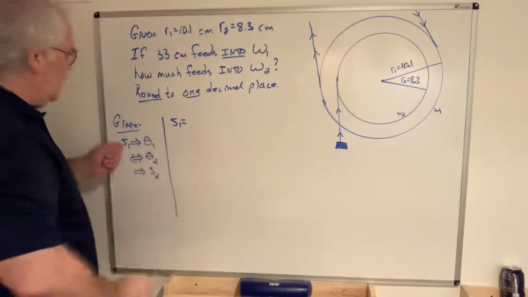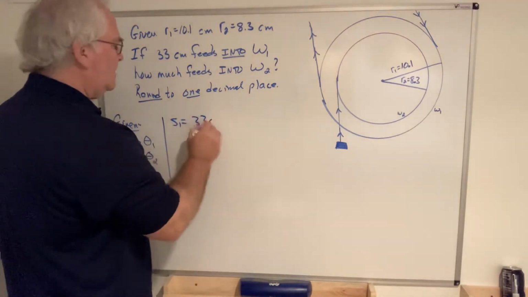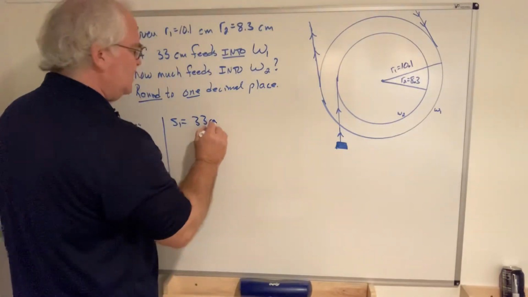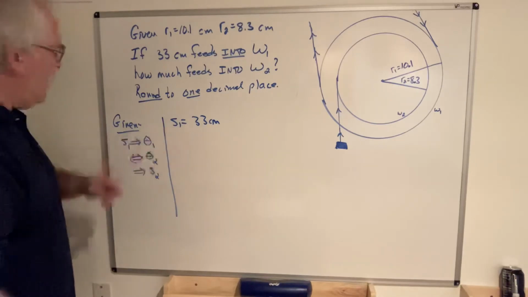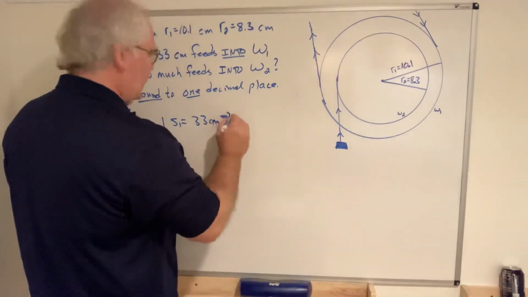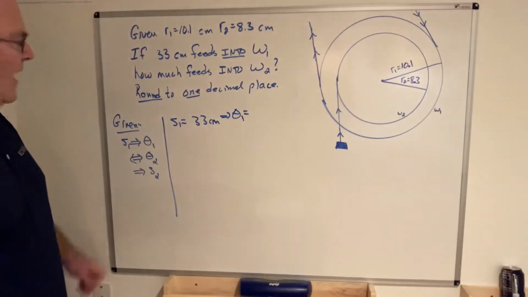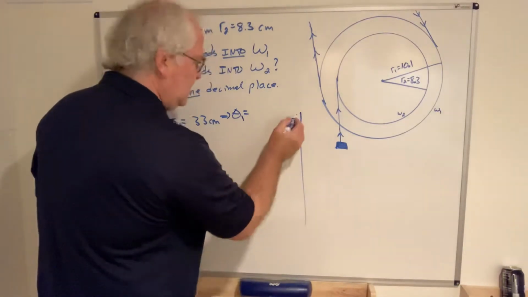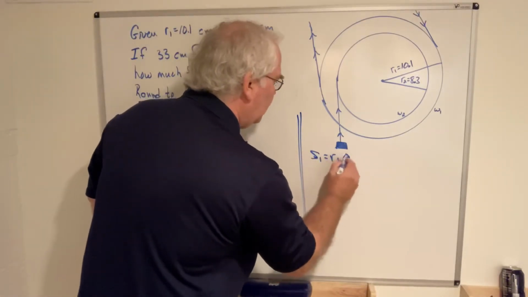So S1 is given, that was given to be 33 centimeters. And I guess I'll make the physics people happy. There we go, 33 centimeters. From that, we should be able to compute theta 1 in radians. And how do we know that? Well, we know that S equals R theta. So we know S1 is equal to R1 theta 1.